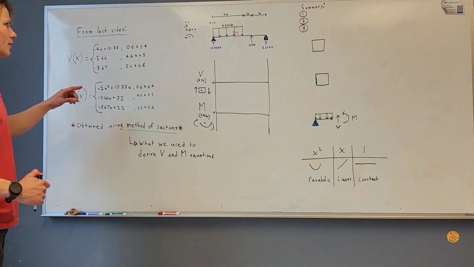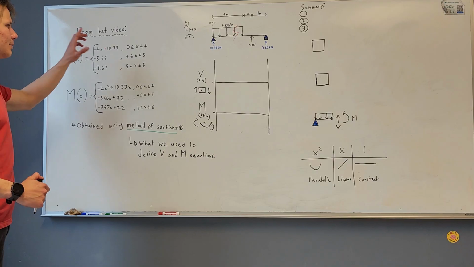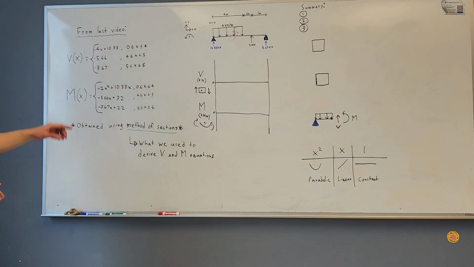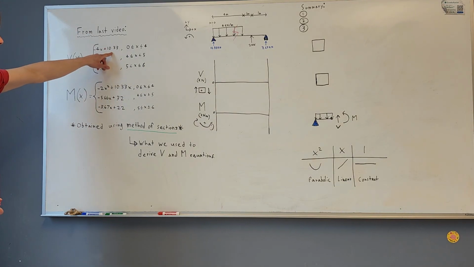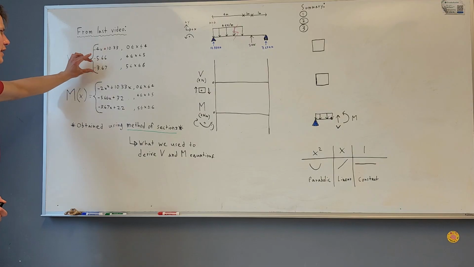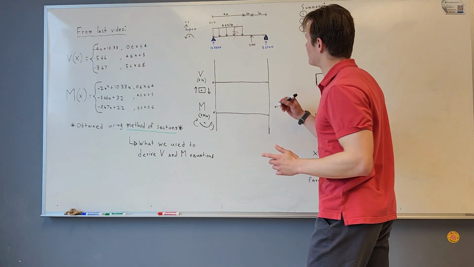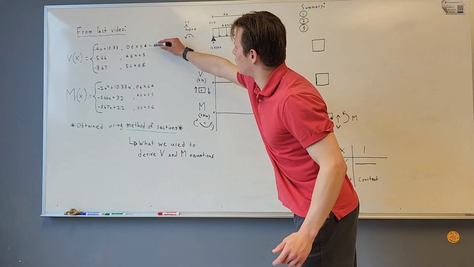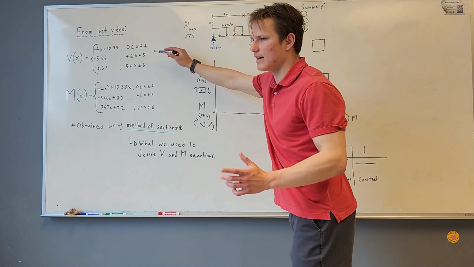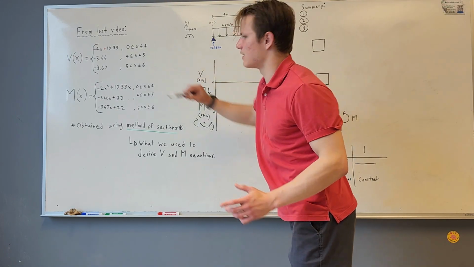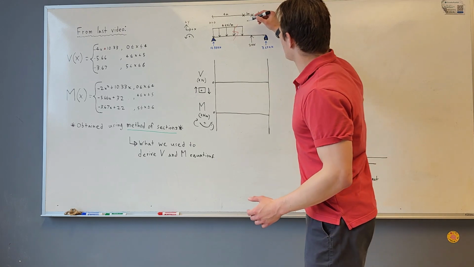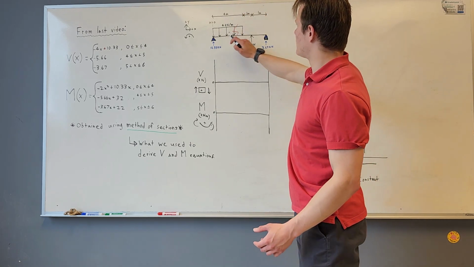So going from, actually before we go here, each time we have a change in the equation we're using, it's important to label that on our graph. And so we'll see at x equals 4, we have a change, and at x equals 5, we have a change to a different equation. So it's actually a good idea to go to your free body diagram.